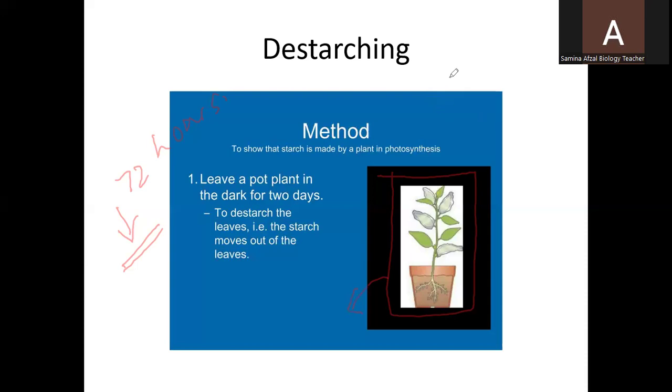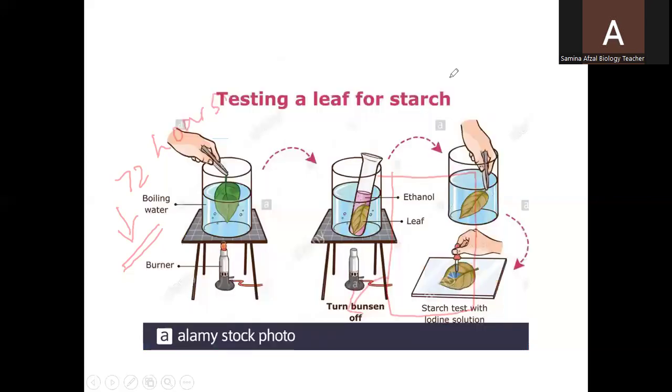So in the next slide, we are going to check whether the plant is destarched. After destarching, we will keep that potted plant in sunlight for about 4 to 6 hours.